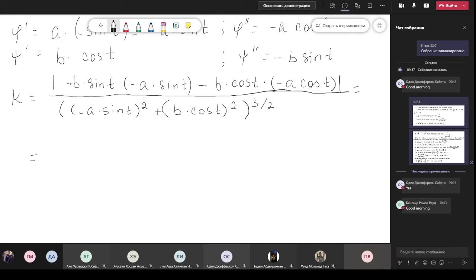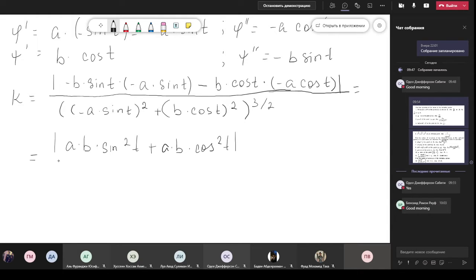Good, now calculate. Look, minus and minus give us plus. Then b times a, I just write as a times b. Then sine times sine is sine squared. Then minus and minus is plus. B times a we can write as a times b. Cosine times cosine is cosine squared.